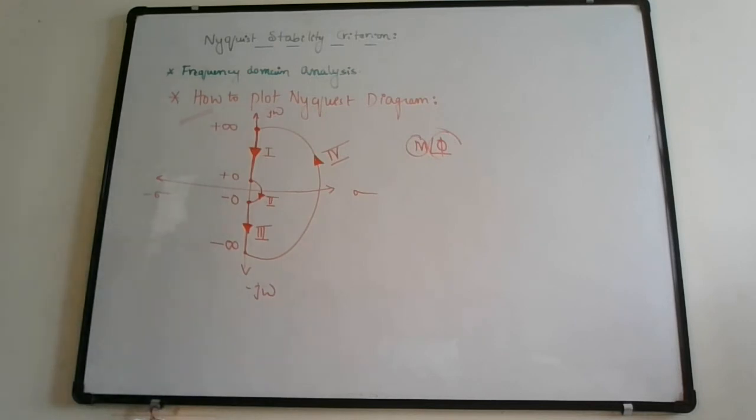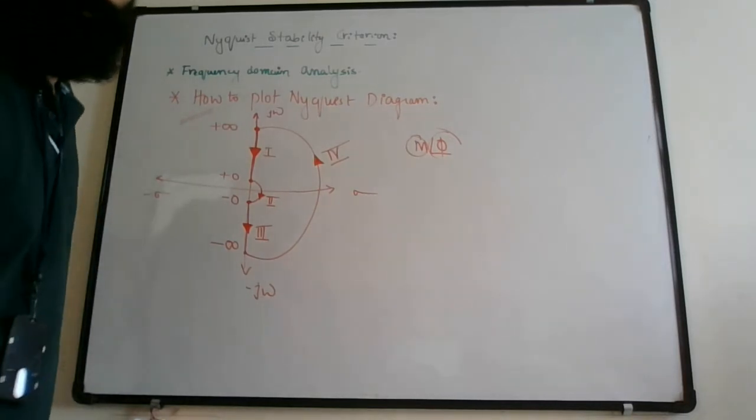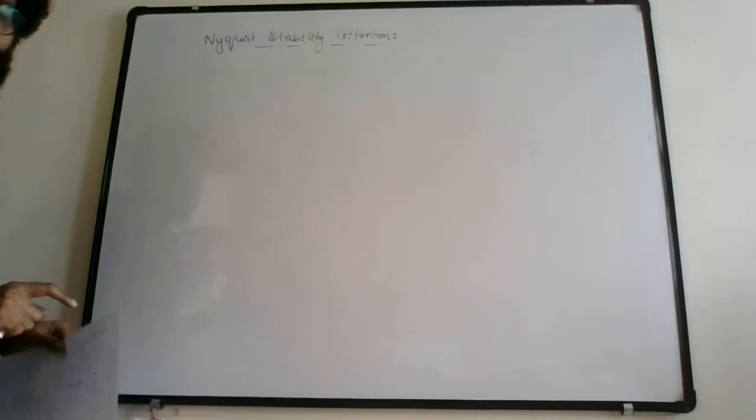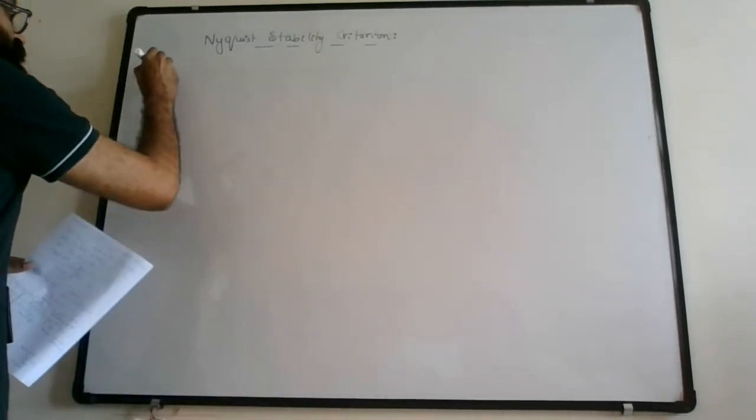So this is your Nyquist analogy. What we will do is straight away jump into a problem and try to draw a Nyquist plot for the given open loop transfer function. So let's consider problem number 1.